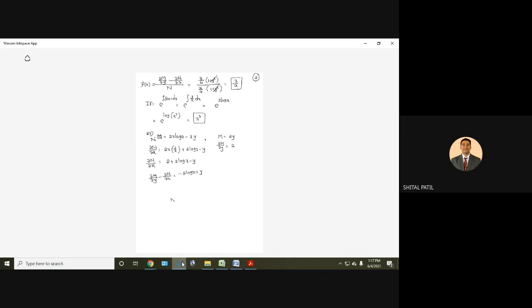Okay, so we have to divide by N. From N, I will take minus x common. What is remaining? Minus 1 upon x.